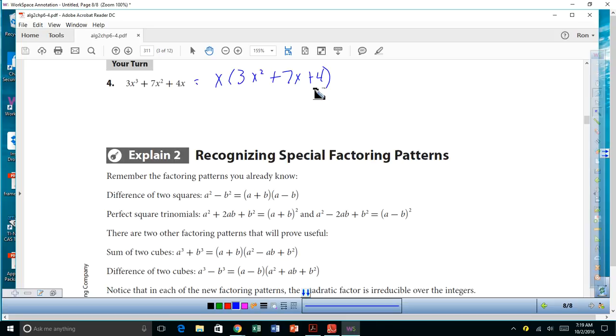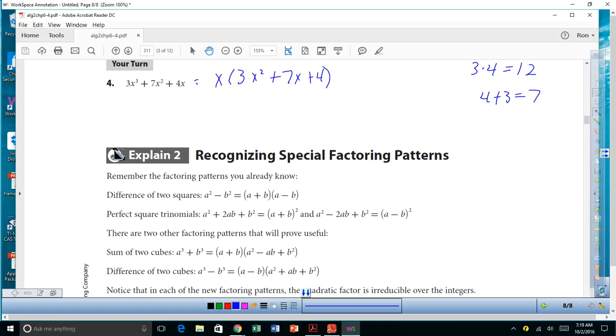Well, how can we reduce that further? 3 times 4, that's 12, right? What are the factors of 12 that would give you 7? Well, 4 plus 3 is 7.